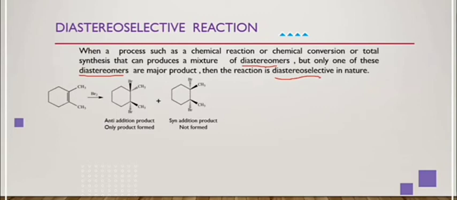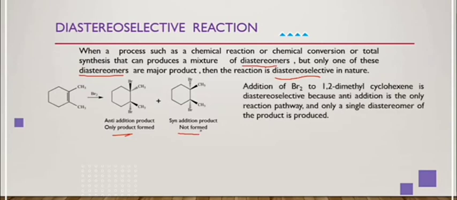In this particular example, when 1,2-dimethylcyclohexene is treated with bromine, we end up with the anti-addition product, which is the only product formed, whereas the syn-addition product is not formed.